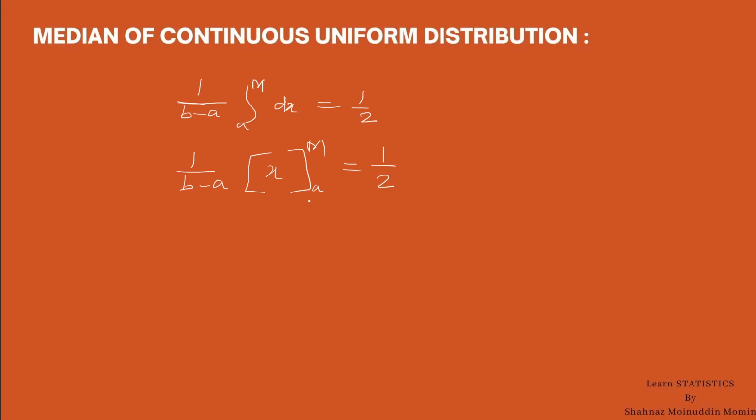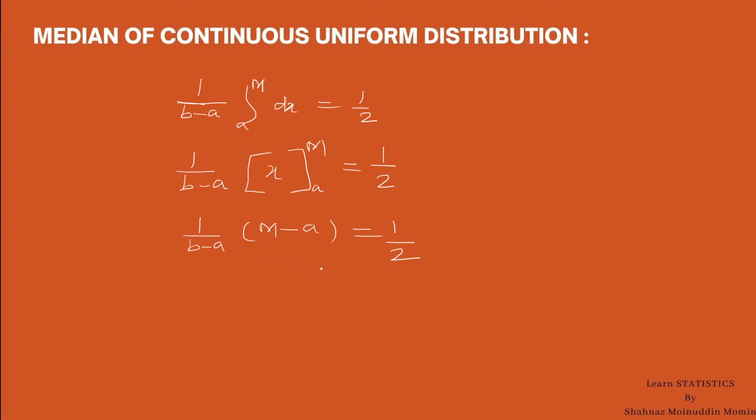Substitute the limit of the integration, we get 1 by B minus A into m minus A is equal to 1 upon 2.